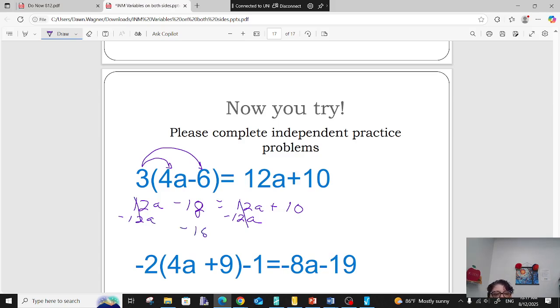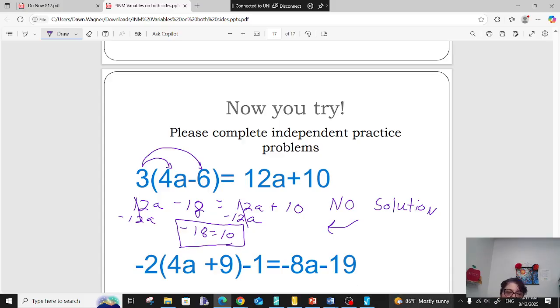And I get negative 18 is equal to 10. Does that make any sense? No. This is called a no solution. There is no number out there that will make this work. So anytime you get a number equaling a different number like this, then it is a no solution.